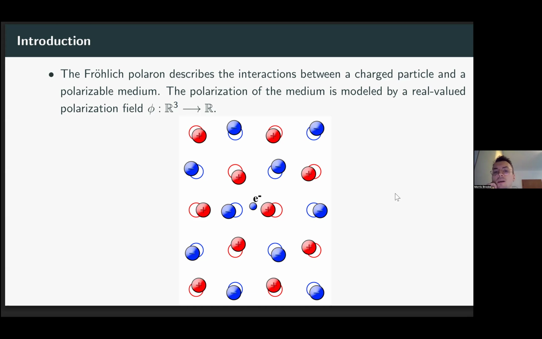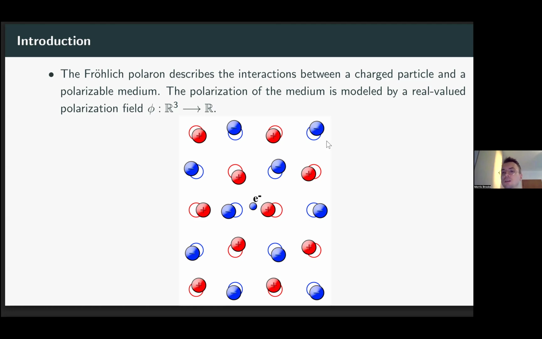Now the electron is allowed to move in unconfined space, so we describe its position by a vector in R^3. When we want to talk about the polarization field, the question of how to describe it is a little bit more subtle. In the Fröhlich model, this problem is solved by describing the polarization in terms of a polarization field.